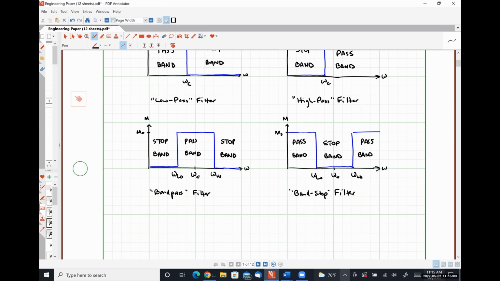Butterworth filters and Chebyshev filters are a particular topology. So they're a particular way to arrange components developed by a guy with the last name of Butterworth and a separate guy by the last name of Chebyshev to realize something approximating these responses.